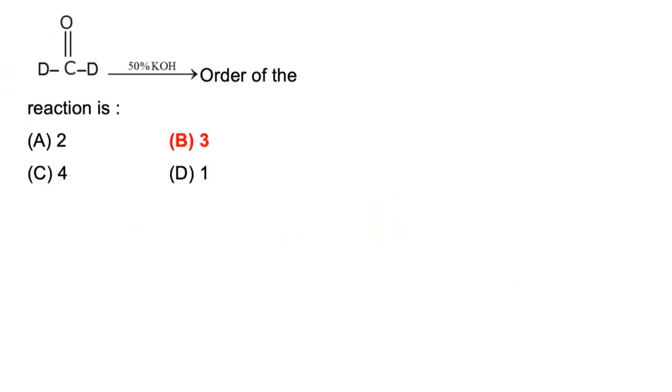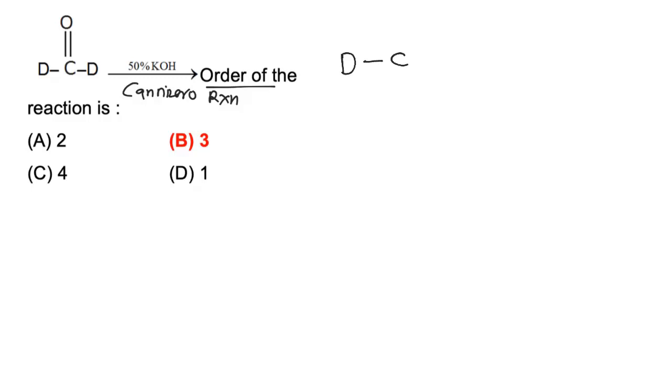In this question we have to identify the order of the Cannizzaro reaction. Now this is the Cannizzaro reaction. Whenever an aldehyde not having alpha hydrogen is treated with 50% KOH or concentrated base, one equivalent of aldehyde will be converted to acid and one equivalent will be converted to alcohol.